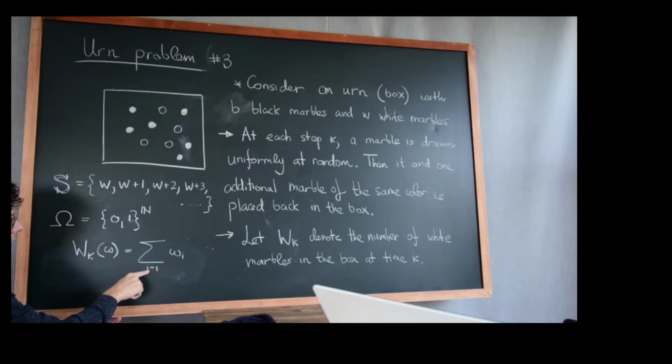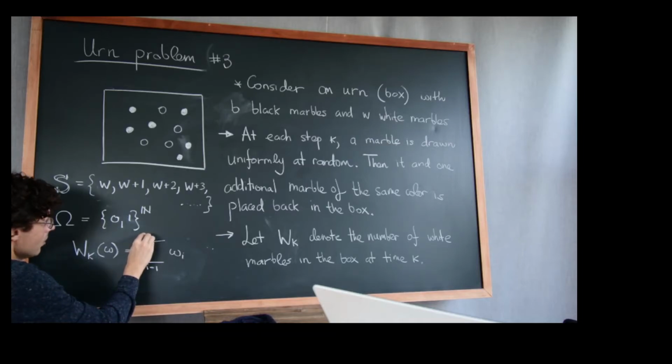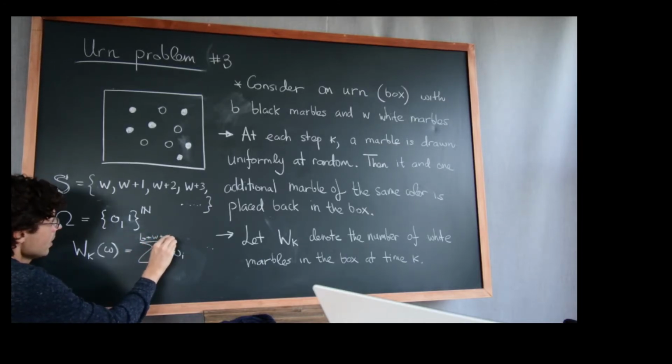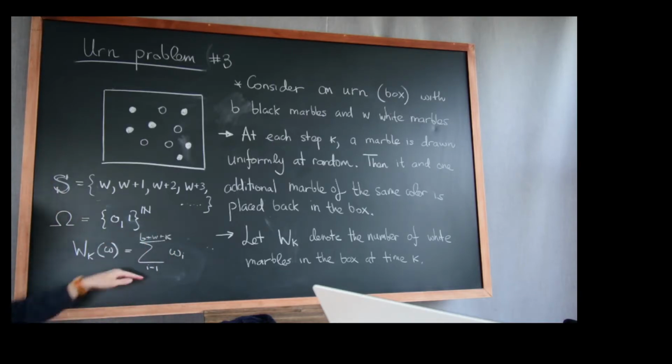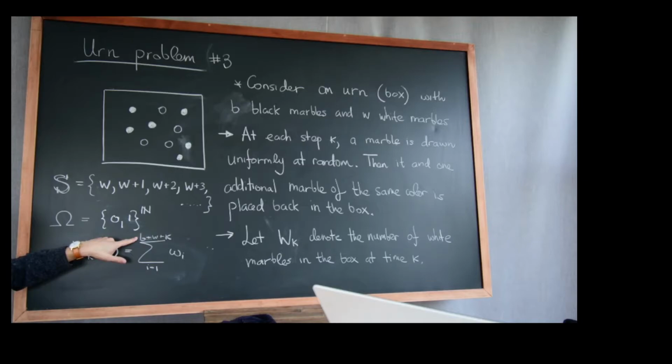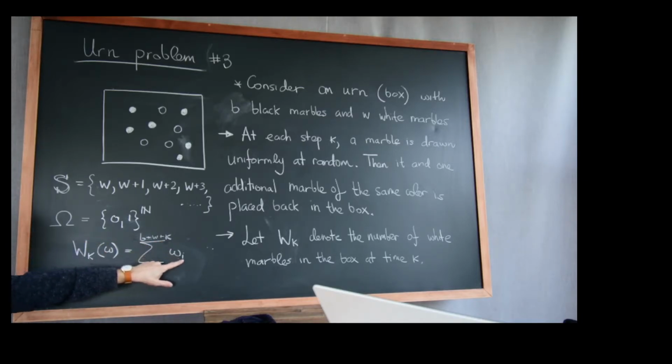So this i here is going to denote a particular marble. Marble 1, 2, 3, they all have some identity. So it seems like up here we would put, let's see, b plus w plus k, maybe. What is this essentially? I'm summing up over all marbles, and this looks like the number of marbles after step k, and this is the identity of each one of the marbles.